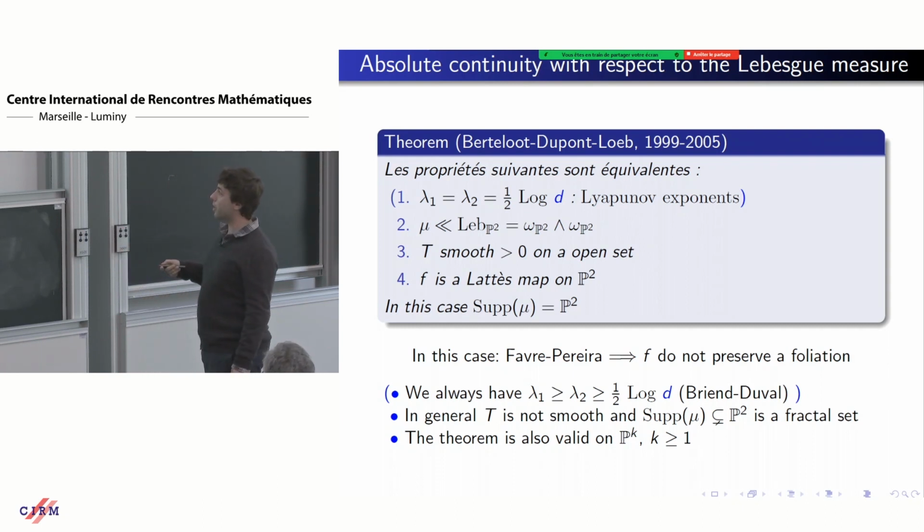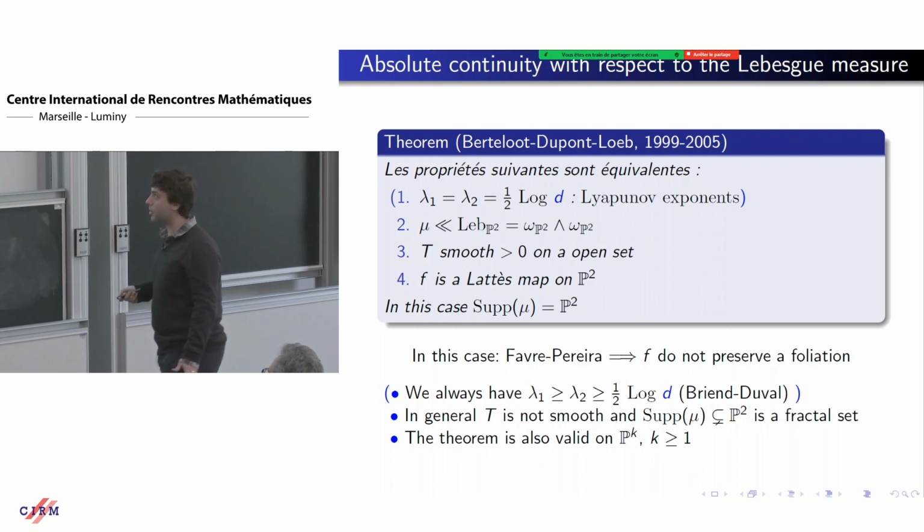What is important here is that you can use the Favre-Pereira classification to observe that F cannot preserve a foliation. Okay, it's because it is lattice. So it is not the kind of mappings that are interesting in. So I will turn now to cases where T is not smooth.